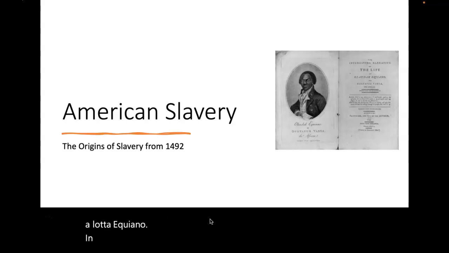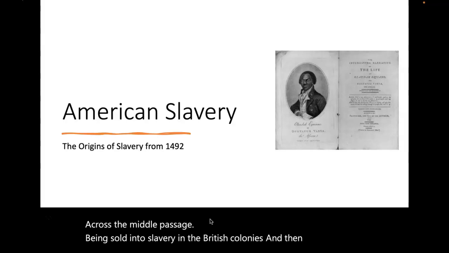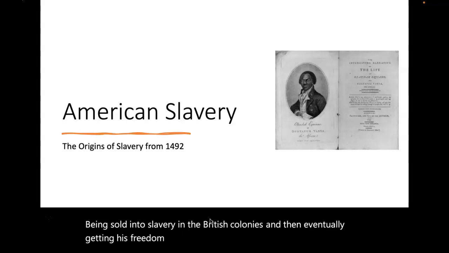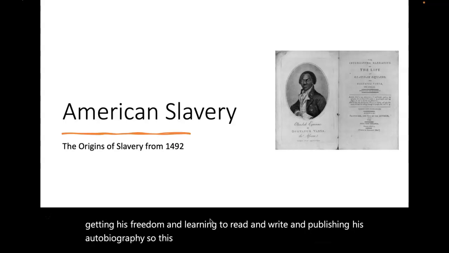In it, he talks about his experience being kidnapped in Africa, his survival across the Middle Passage, being sold into slavery in the British colonies, and then eventually getting his freedom and learning to read and write and publishing his autobiography. So this is a rich source for historians to understand the experiences of early slavery.